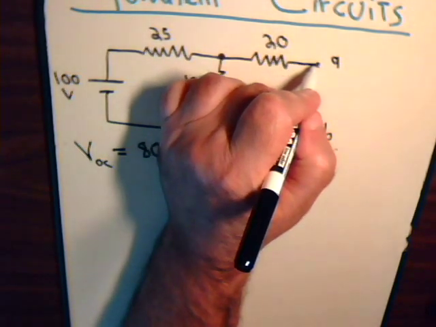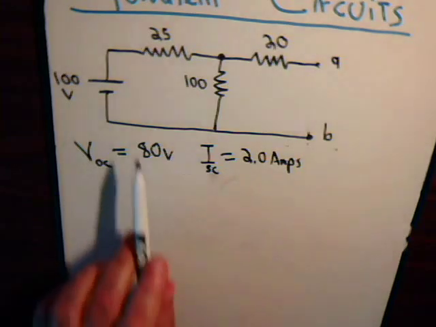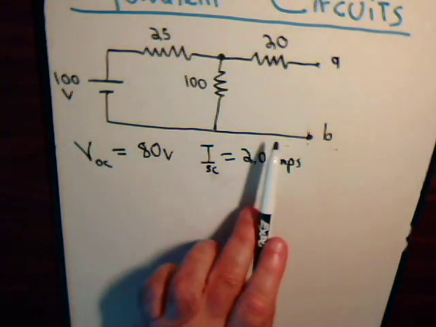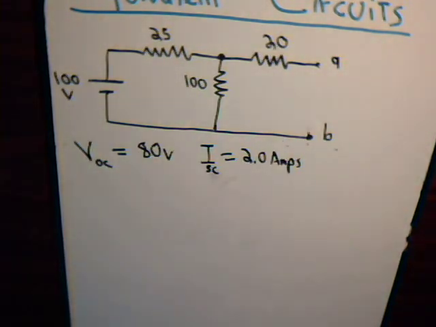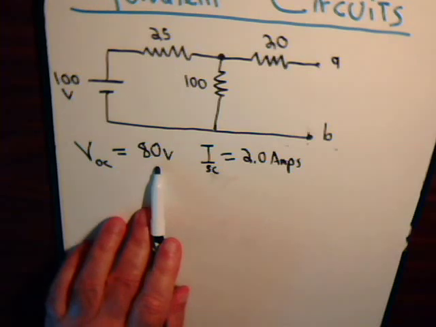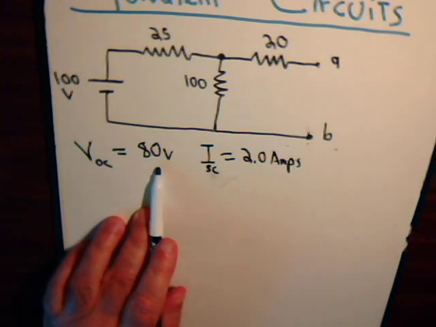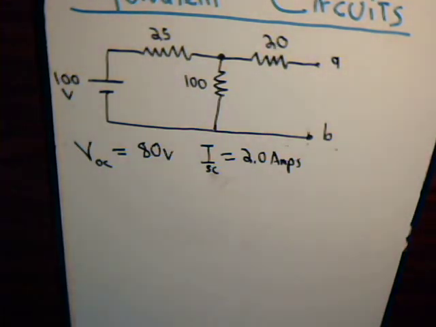Now we can ask, well, could we replace all of this with a simpler circuit? Let's just imagine we had a circuit where the supply voltage was 80 volts and the current going through the circuit was 2 amps. What would be the resistance of that circuit?